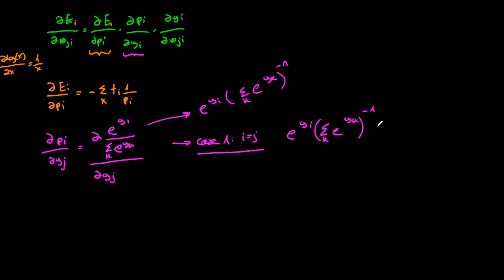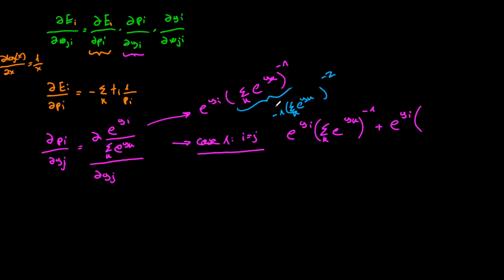Now, plus, because it's the product rule, the first element, and now we are going to apply the chain rule to derive this. So this minus 1 goes down, then we have minus 2 of the same thing here, plus the derivative of what is inside.